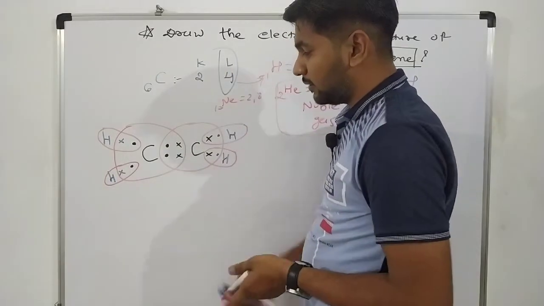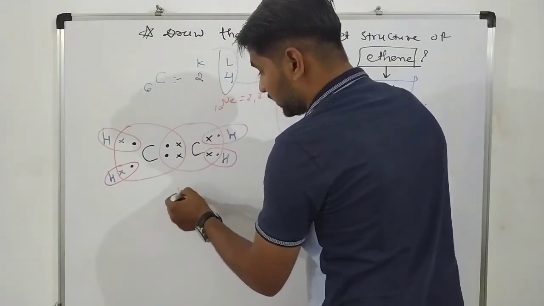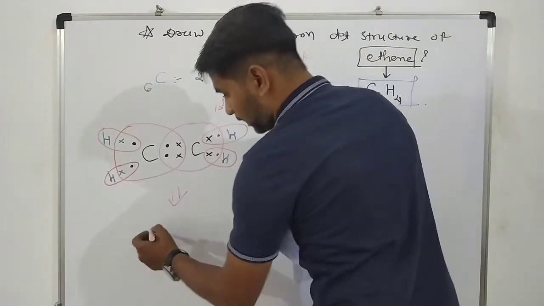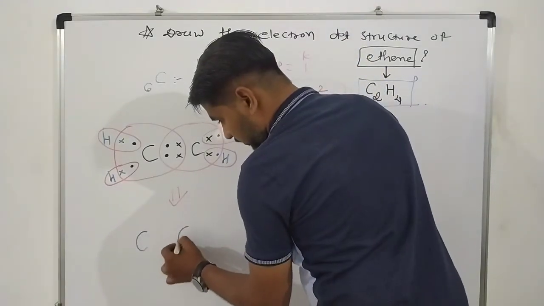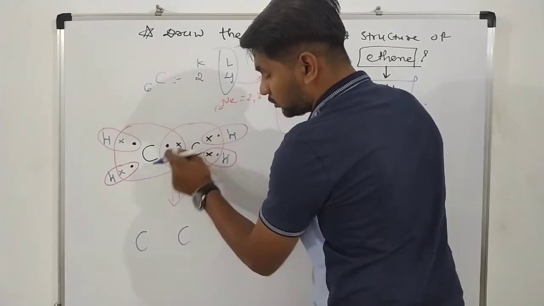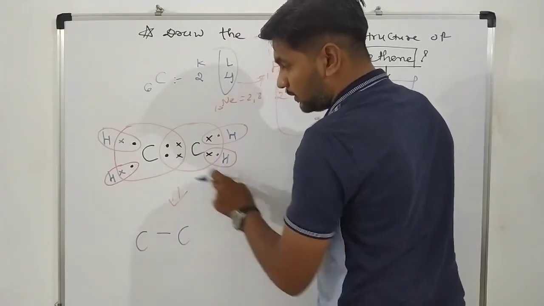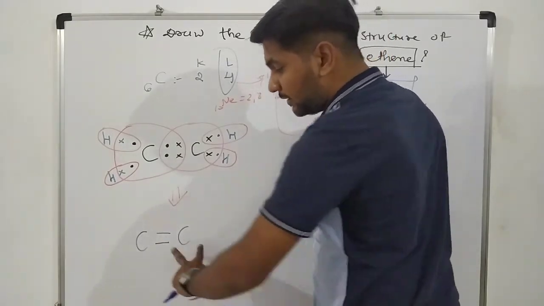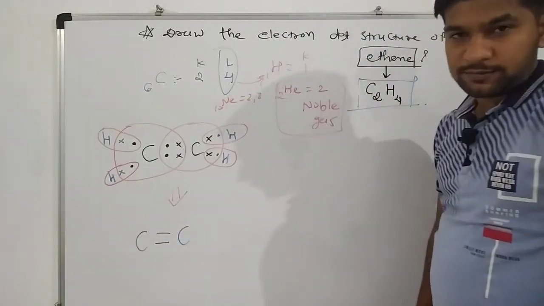Okay, now you can see in this structure also we can write like this, C. Here 2 electrons form a bond, here 2 electrons same, but here what is new for us?